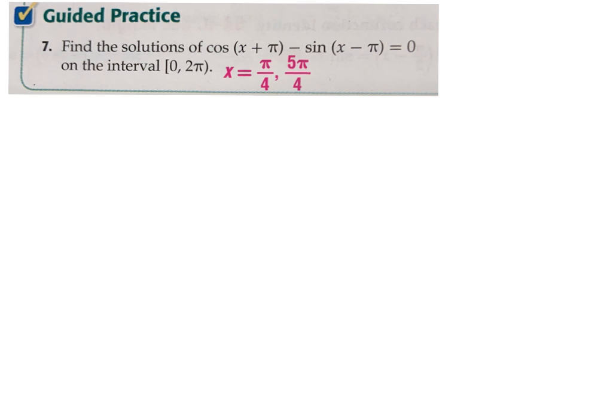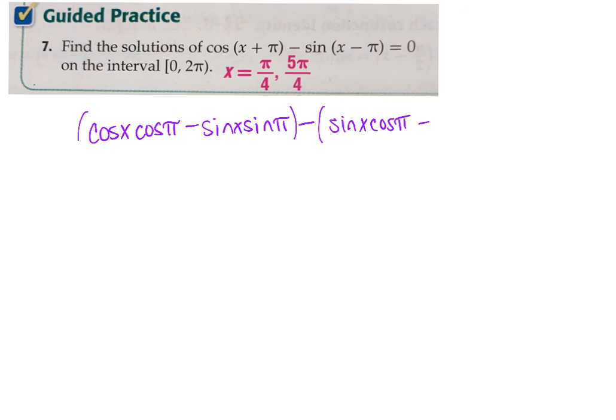All right, so we're going to use our cosine sum, which is the cosine of the first, cosine of the second, minus sine of the first, sine of the second. Then we're going to subtract my sine, which is sine cosine minus cosine sine.